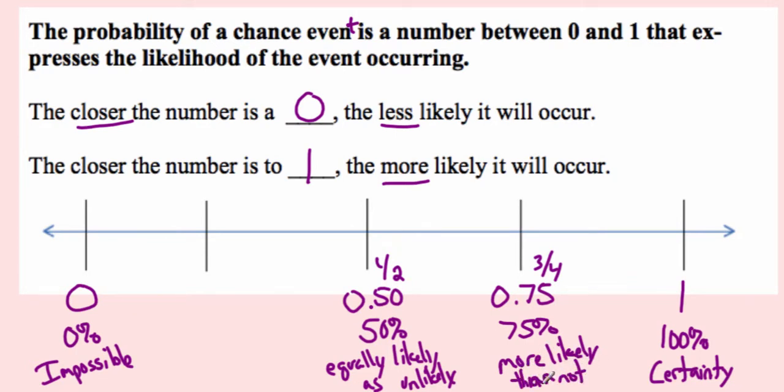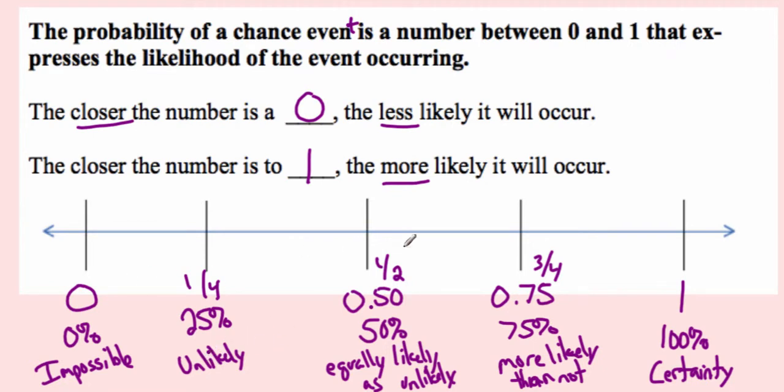So there's a likelihood that it will happen. It won't happen all the time, but more likely than not, it should occur. Down here we have 1/4, or a 25% chance. That means it's unlikely to happen. Yes, it could snow tomorrow, but it's pretty unlikely. The probability is pretty low for it snowing tomorrow for us.